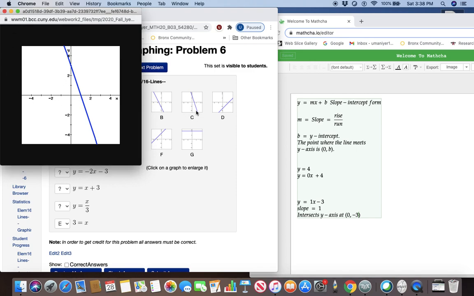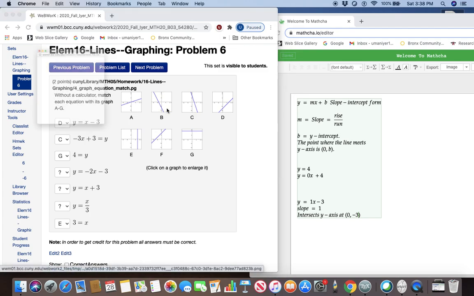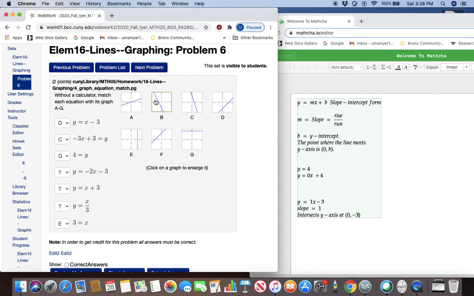So this one is C. Negative slope, y-intercept 3. Here, negative slope and y-intercept negative 3. So this one looks promising. Negative 3 and negative slope. Okay, so that is B.